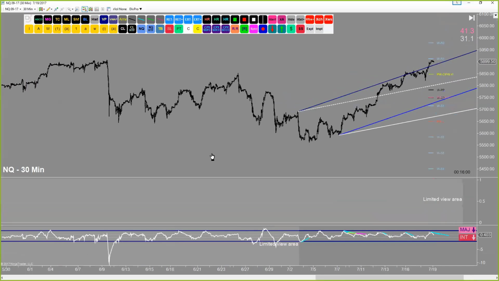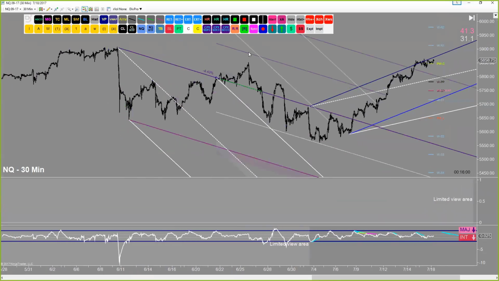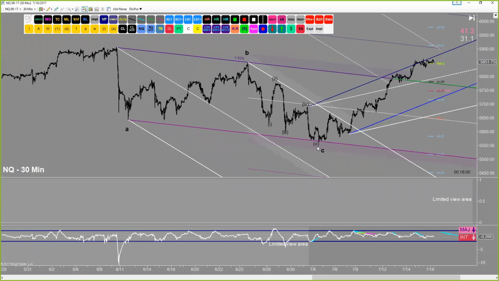And we've just had a really picture-perfect correction here. I mean, you couldn't really ask for anything more beautiful than this. You have a nice 5-wave move down, double 3 back up, and then an ending diagonal here for a C wave. And it's just really perfect.